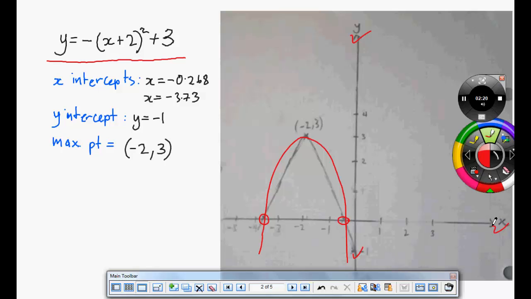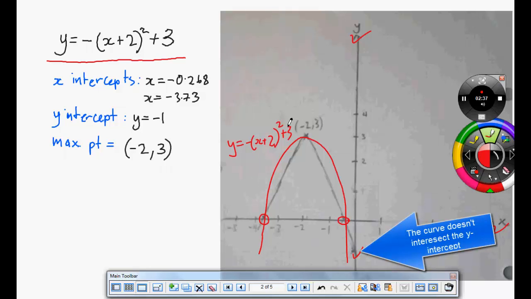Of course, you must write down the equation, y equals negative (x plus 2) squared plus 3. Please label the equation as well. Anything else that's wrong with this sketch or can be improved? No? Okay, let's move on to the next one.